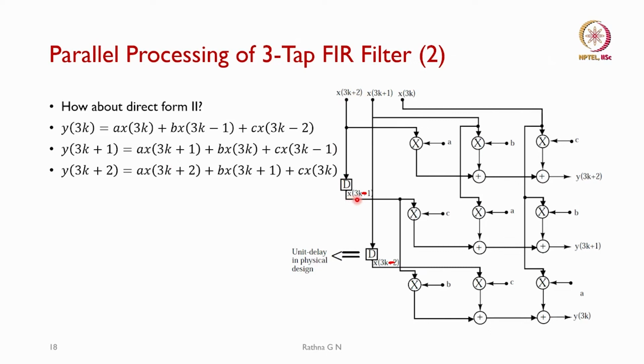So, it is going to be x of 3k minus 1, this input, which is multiplied with c. All of them get added and then we get y of 3k plus 1. You can check the rest of them, whether you get these equations correctly with the structure or not. So, thank you for hearing this lecture.